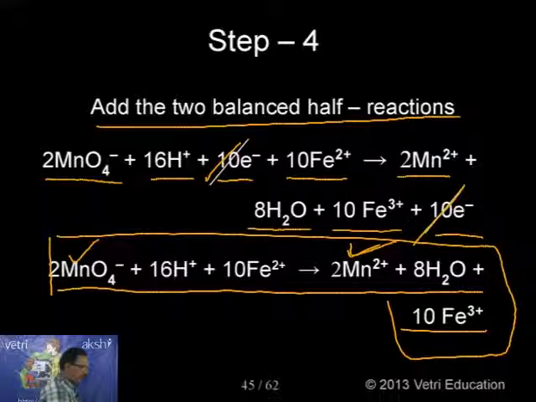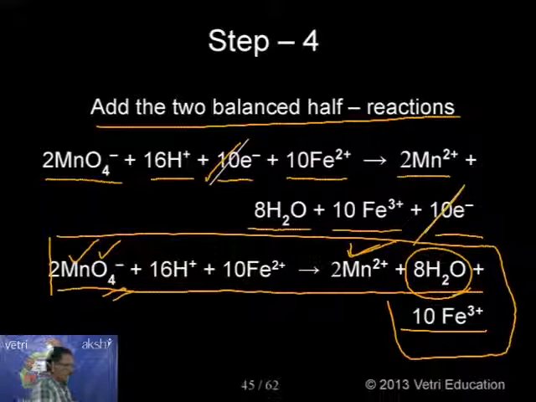Okay. Coming to the next one, oxygen. 2 into 4, 8. So 8 oxygen here, and in water also 8 oxygen. So oxygen is also balanced. Coming to the hydrogen, 16 hydrogen on the left side. On the right side, 8 in water, 8 into 2 for H2, so it is again 16.